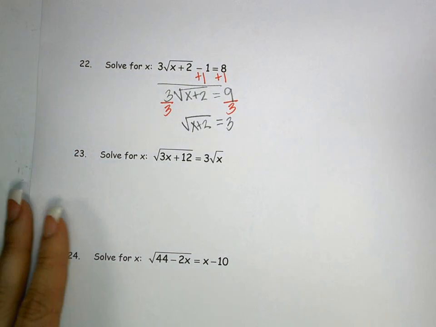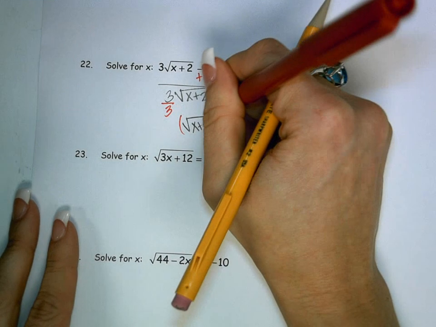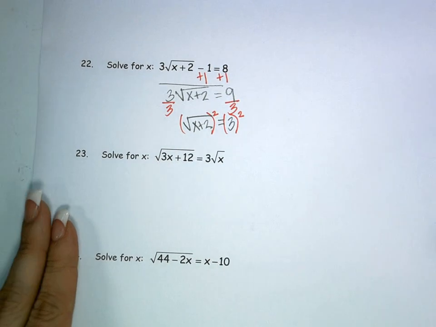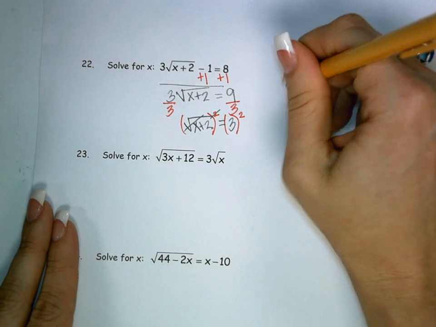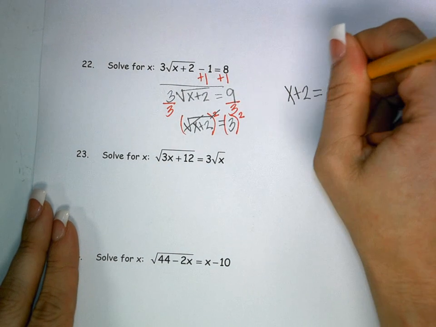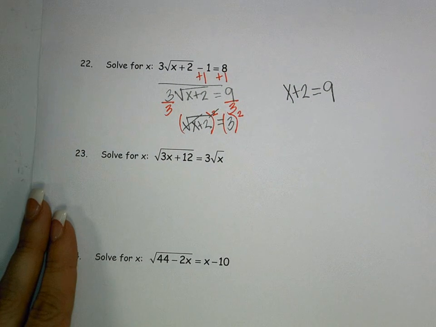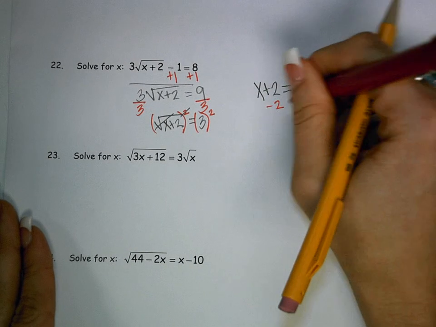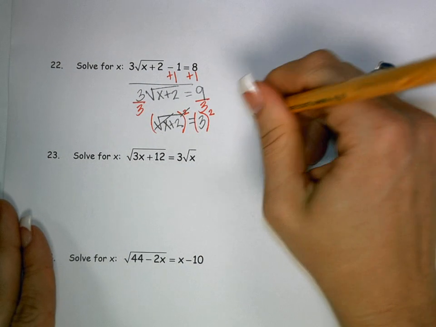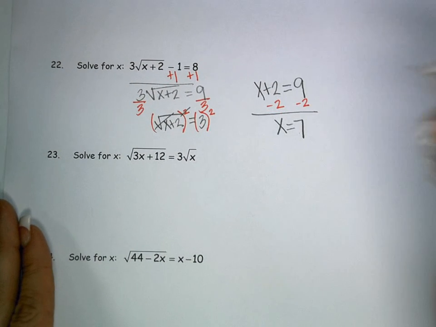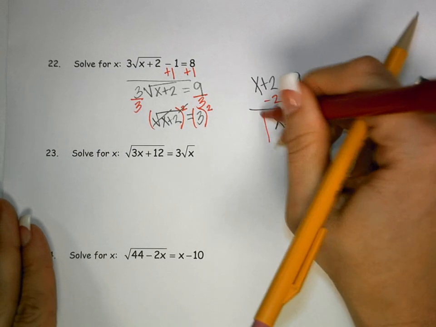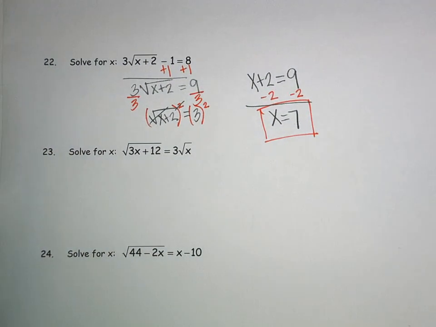To get rid of a radical, square both sides. When you square both sides, these are going to eliminate. You've got x plus 2 equals 9. Subtract 2 from both sides, and you should get an answer of x equals 7.